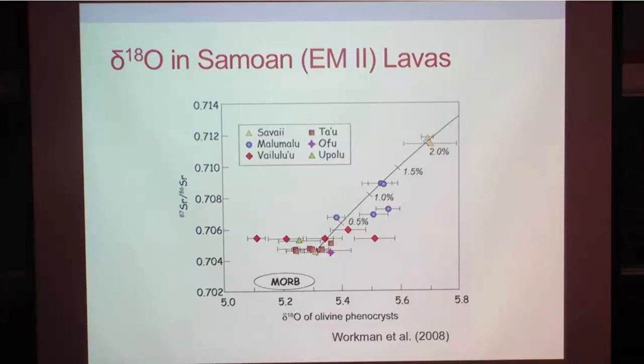So this is Samoa, and you can see these are strontium isotope ratios, and they correlate quite well with the delta 18O in olivine phenocrysts. Notice even here the variation is 4 or 5 per mil of oxygen isotopes.